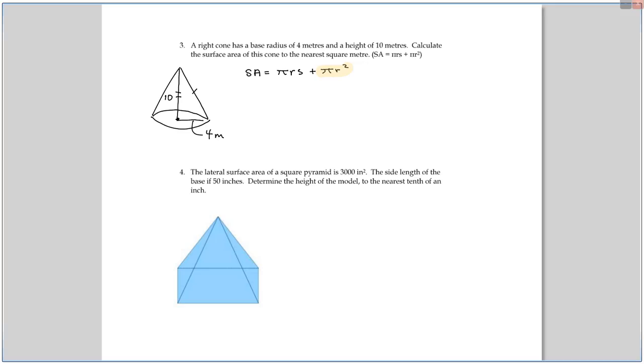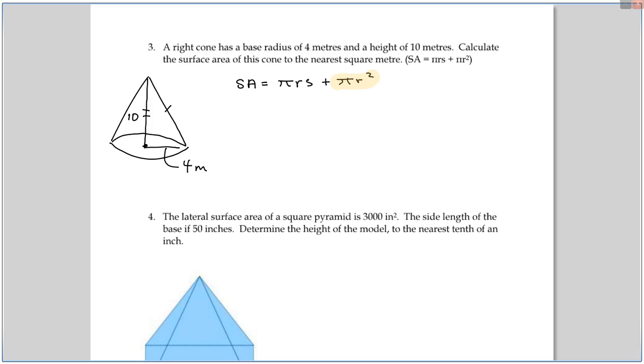Not circumference, not diameter. It's the area of one circle, so that would be the base. That's the area of the base. And then this pi r s is like the lateral area. Very good. Way to use the proper terminology.